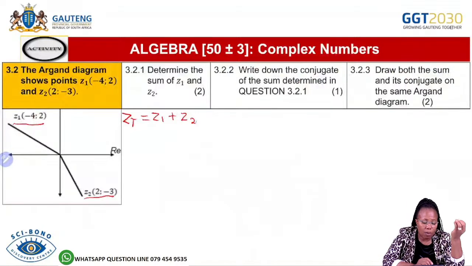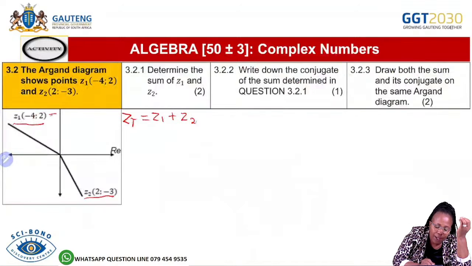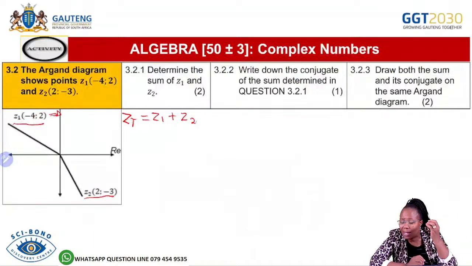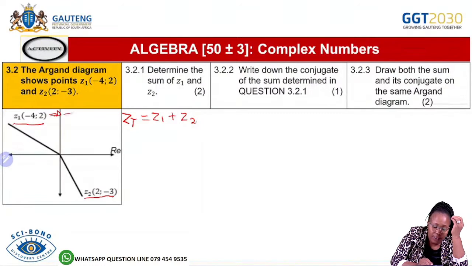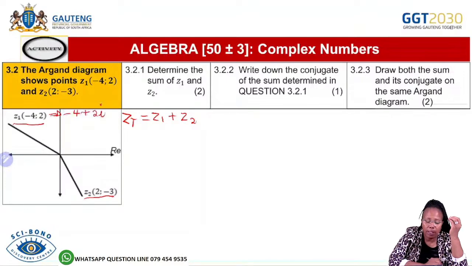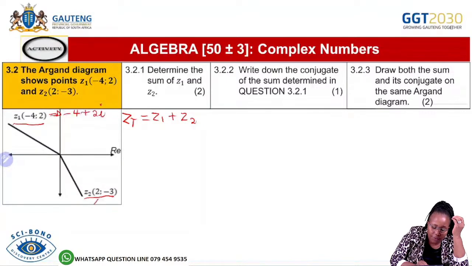So remember now, in order to end up with that minus 4 and 2 as the coordinates there, this was from the equation of Z1, which was minus 4 plus 2i. And then this one was from the equation of Z2, which was 2 minus 3i.